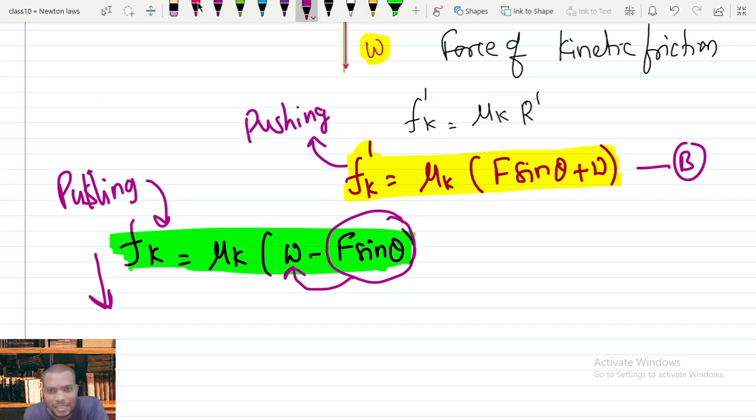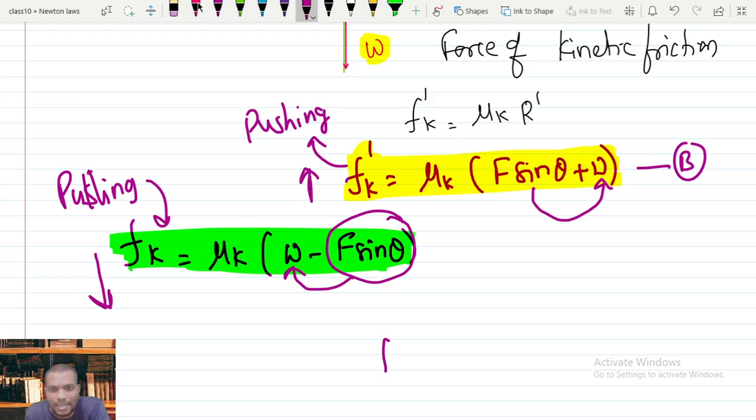But in the pushing case, F sin theta is added to weight. Here the plus is the component. Since this term is added, the total F_k dash increases.